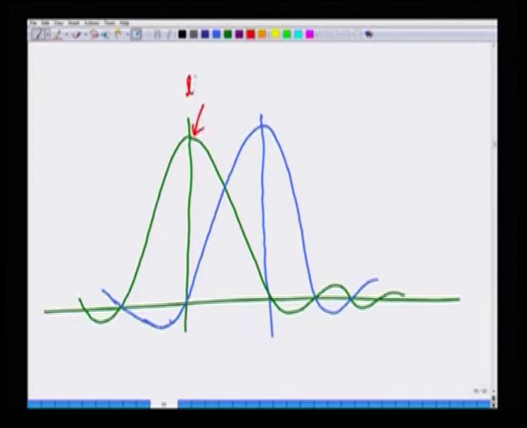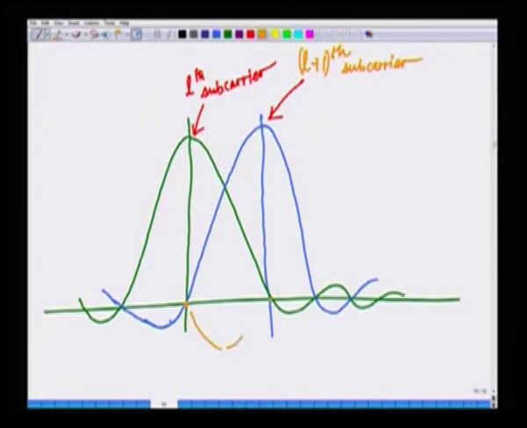Let us call this the Lth subcarrier, and this the L plus 1th subcarrier. When I sample the peak of the Lth subcarrier, the L plus 1th subcarrier is actually 0, and similarly when I am sampling the peak of the L plus 1th subcarrier, the Lth subcarrier is actually 0.